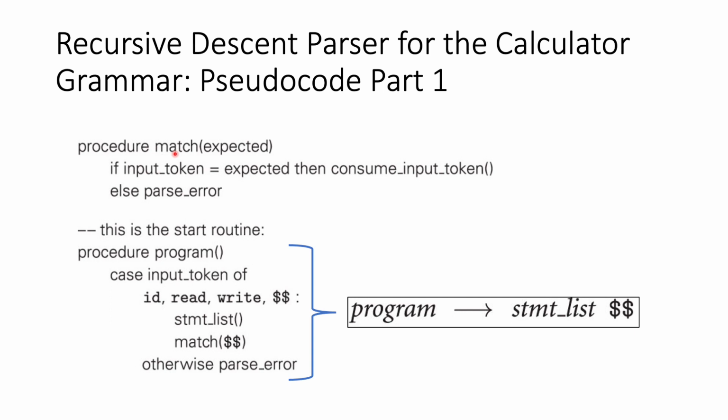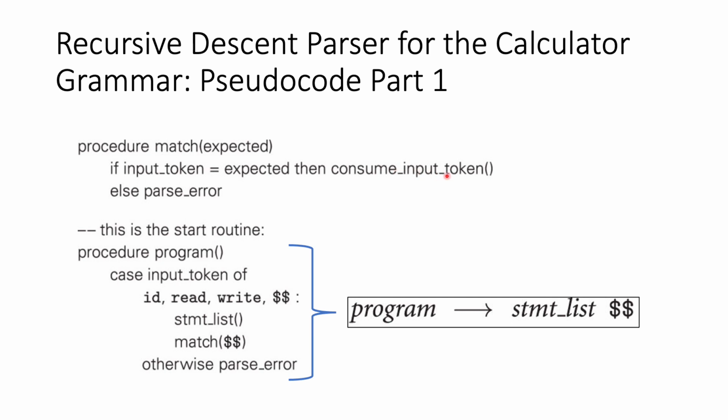The subroutine match verifies that the next token is the one that was expected as specified by an argument.